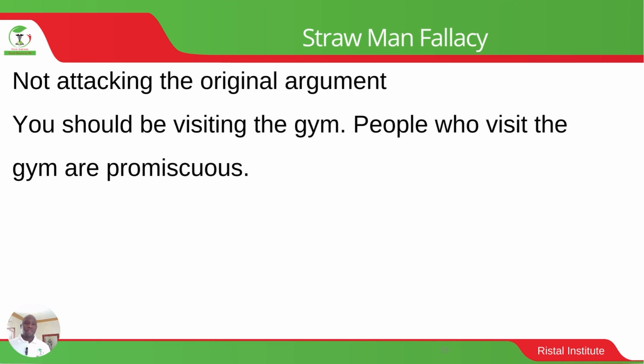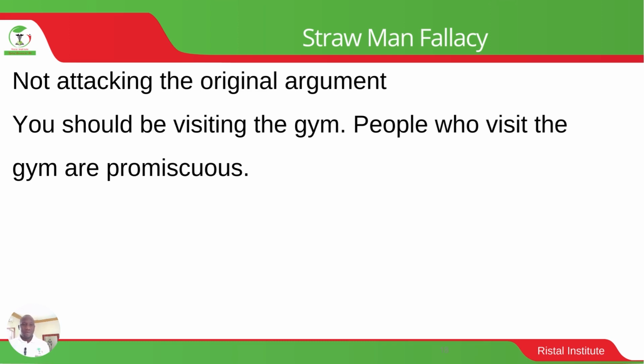So, for example, I'm telling you that you need to visit the gym so that you remain fit and reduce the risk of getting cardiovascular conditions. That is my argument. And then you create another argument that people who visit the gym are promiscuous, meaning that you're creating another debate, which is promiscuity and its association with people who go to the gym.